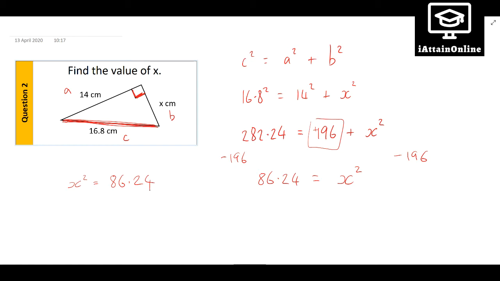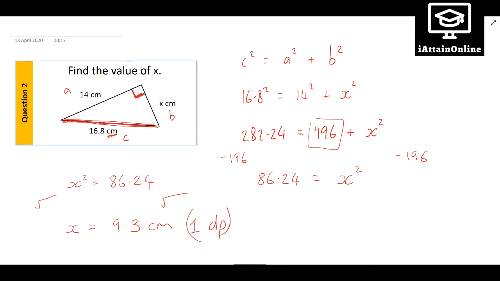So now I know that x squared, whatever I'm trying to find, squared, is equal to 86.24. So to undo that squaring, I need to square root both sides of the equation. And if I do that, I'm going to get x equals 9.3, remember units, centimetres, that's to 1 decimal place.